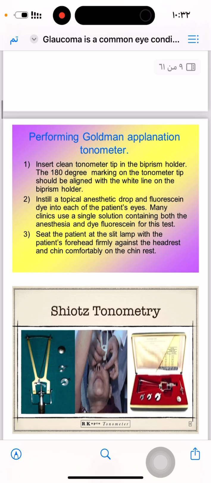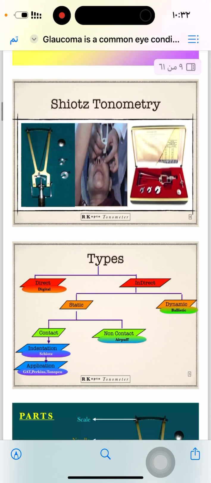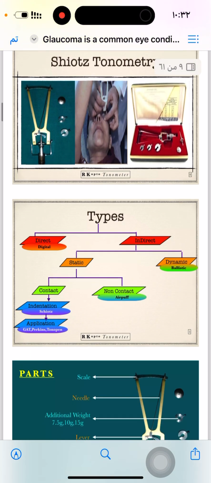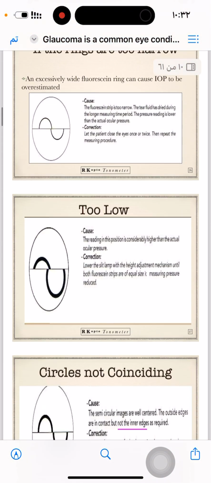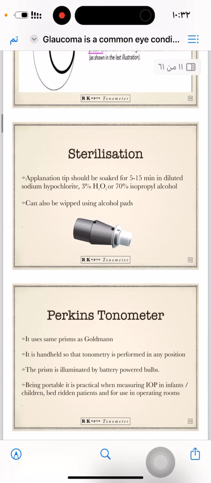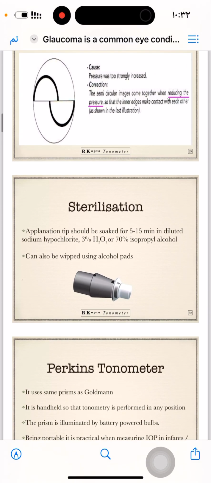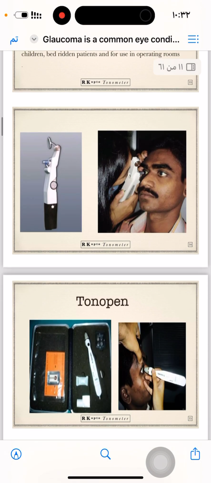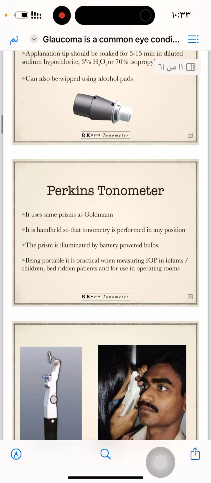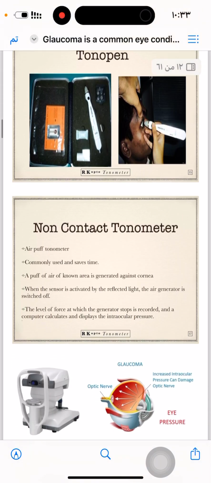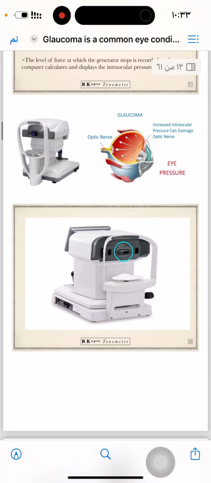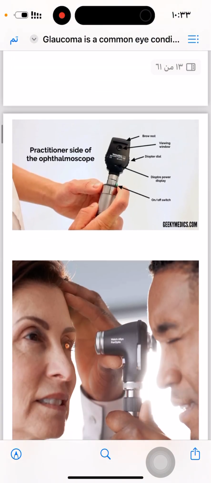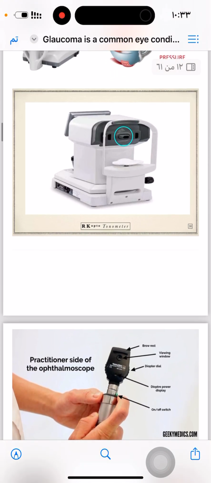Tonometry has many types: Schiotz tonometry, as you see, and applanation tonometry, with sterilization, and this uses types such as Tono-Pen and Perkins. Contact tonometry is more common. This is for the medical technician, not for doctors.